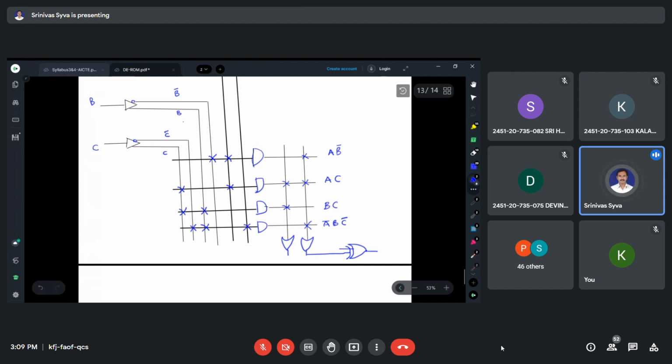This can be connected to some logic 0 and logic 1, and similarly another exclusive OR gate here.